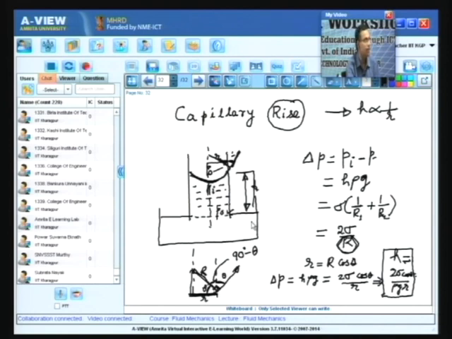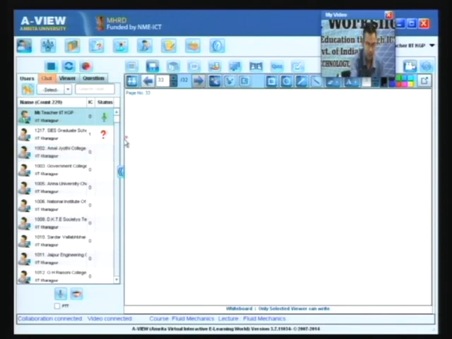So, to summarize, we have discussed two important fluid properties, which are viscosity and surface tension. These two properties are very important, and other than these, we will now discuss another important property, which is the density of the fluid, which we have introduced loosely, but we will discuss in a more formal way.